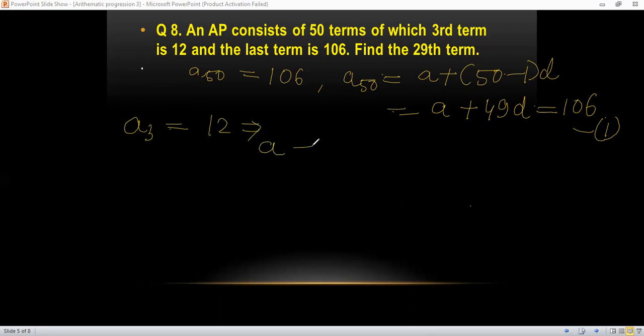That means A plus 3 minus 1 D, A plus 2D is equal to 12. That will be the second equation.